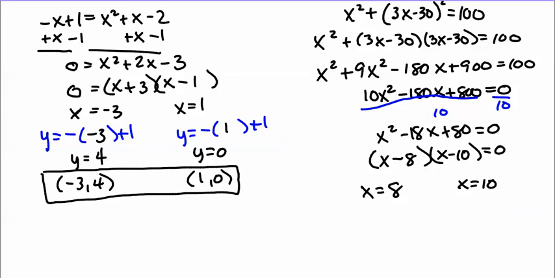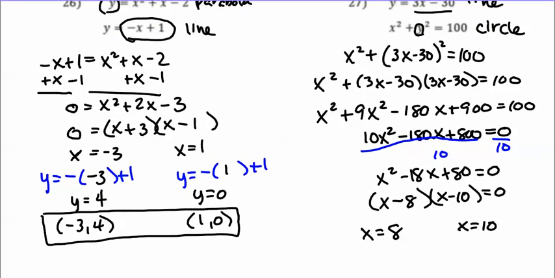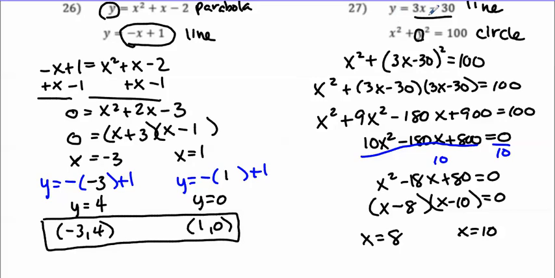So to find the y coordinates, you want to put those numbers back into one of these equations. The line is going to be the easiest one. So y equals 3 times the x minus 30.